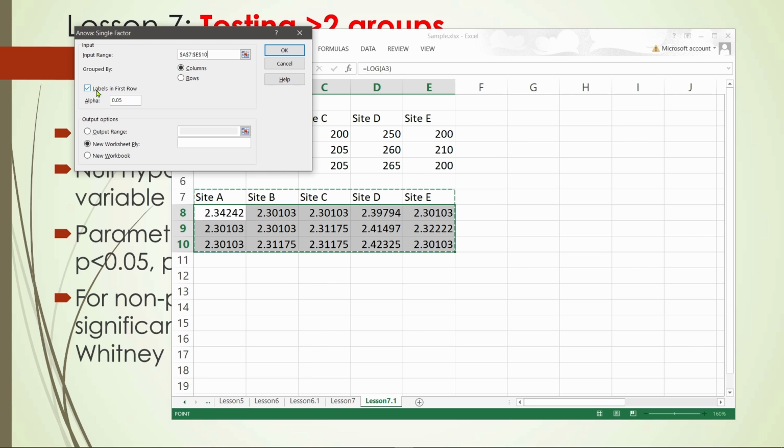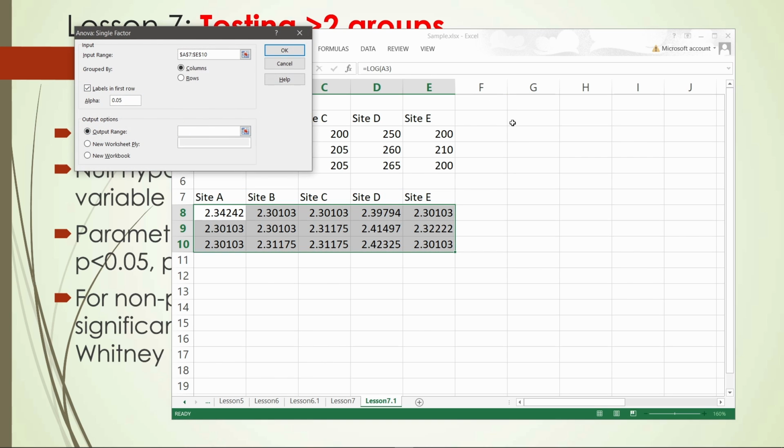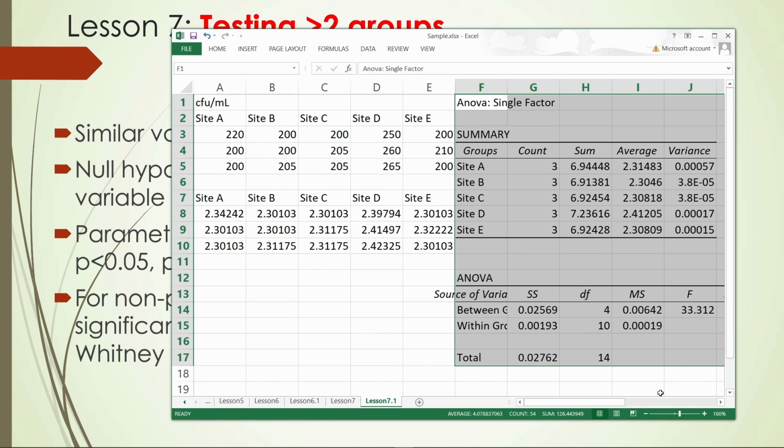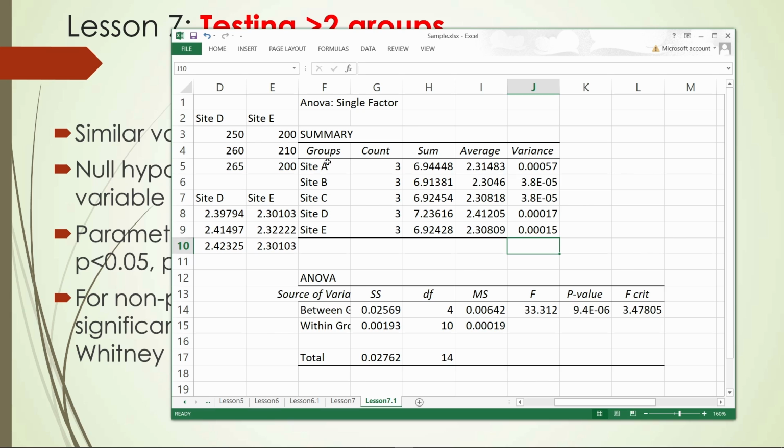We have selected the labels in the first row, and the output range will be here. So in Excel, we can see the different sites with their averages and variance, and we can see that the F value is 33.3, where the P value is less than 0.05.